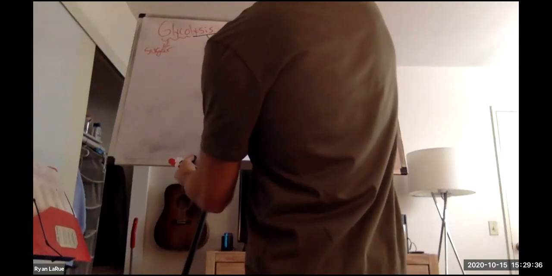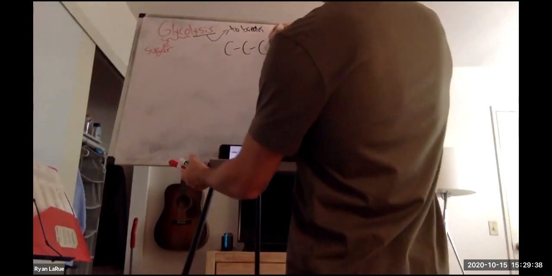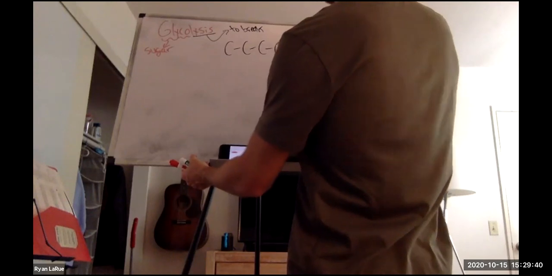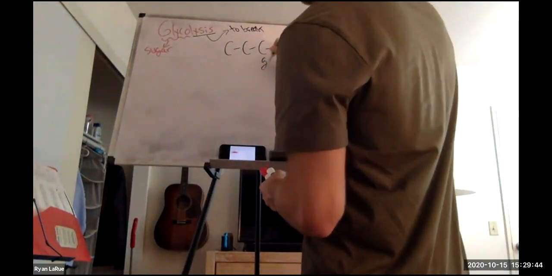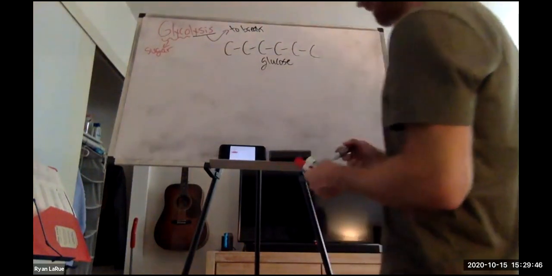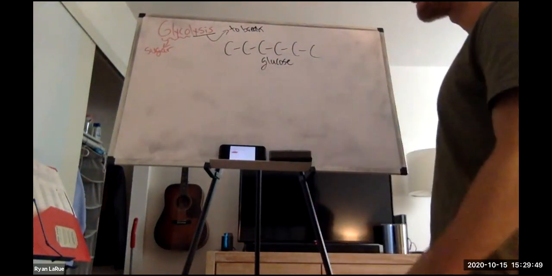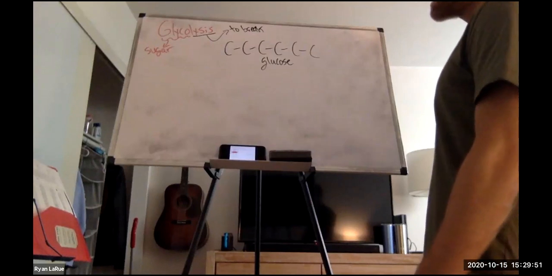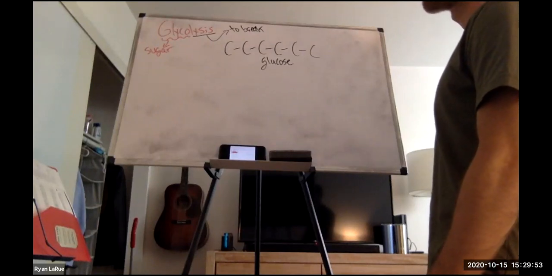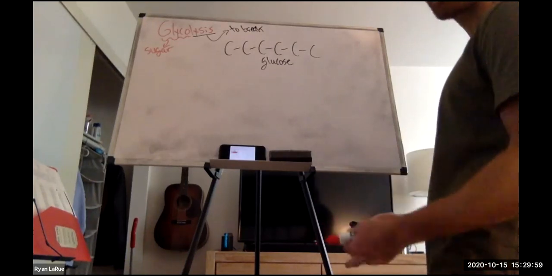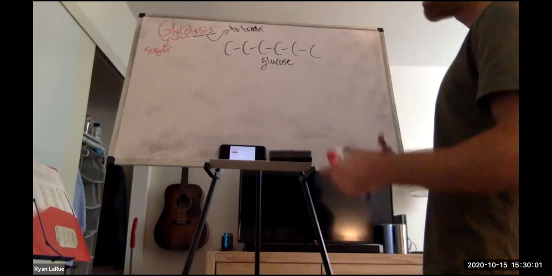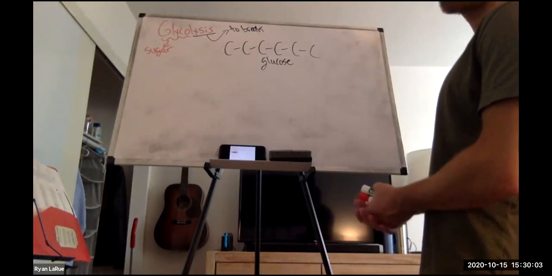So we start with glucose, which I'm just going to draw as simplified here as this 6-carbon molecule. So this is our glucose. And so at the introductory level, we don't do all the steps of glycolysis.